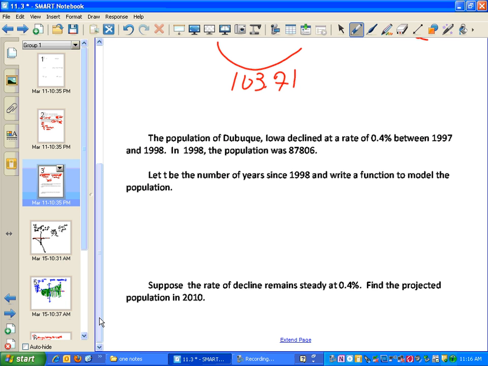All right. The population of Dubuque, Iowa declines at a rate of 0.4% between 1997 and 1998. In 1998, the population was 87,806. Let t be the number of years since 1998 and write a function to model the population. Well, think about it.